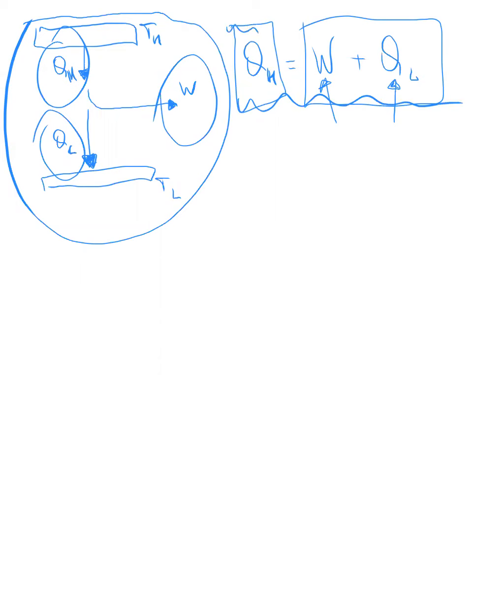Since we're in most cases interested in work, we will sometimes rewrite this equation like so. The useful work is the amount of thermal energy that we take from the hot reservoir minus the amount of thermal energy that we dump into the cold reservoir.